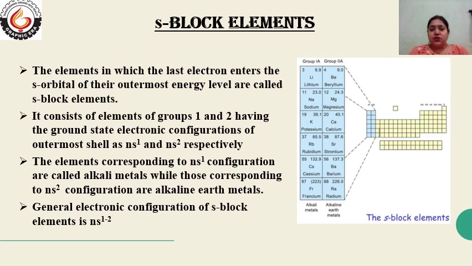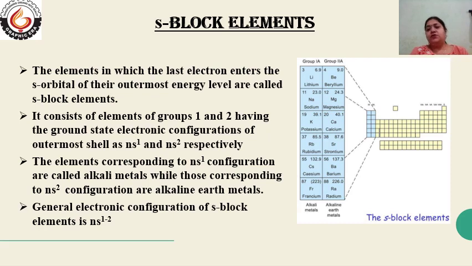It consists of groups 1 and 2, and the configuration of the outermost shell is mostly ns1 for group 1 and ns2 for group 2 respectively. All group 1 elements, lithium, sodium, potassium, rubidium, cesium and francium, have ns1 configuration.